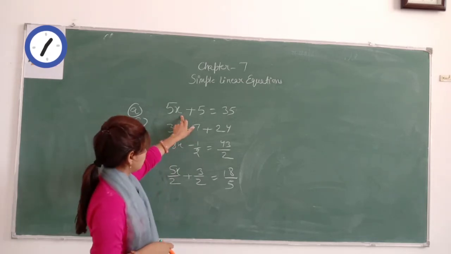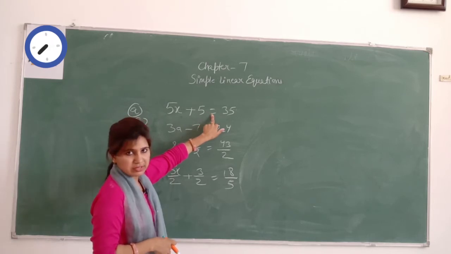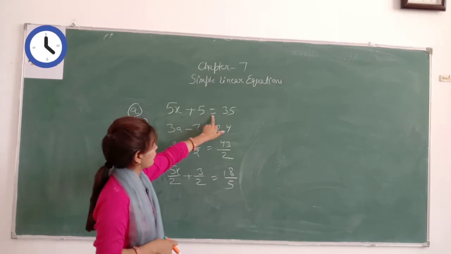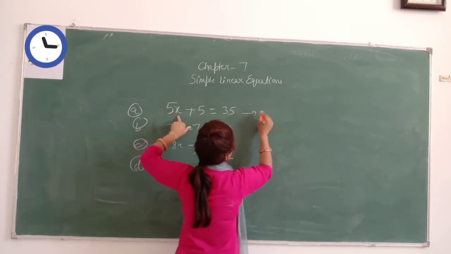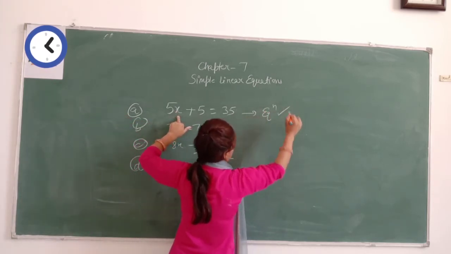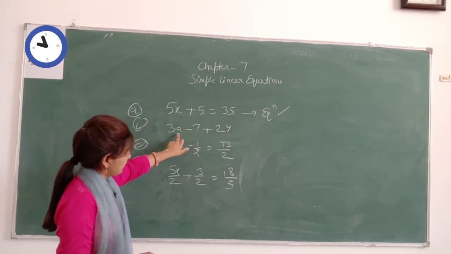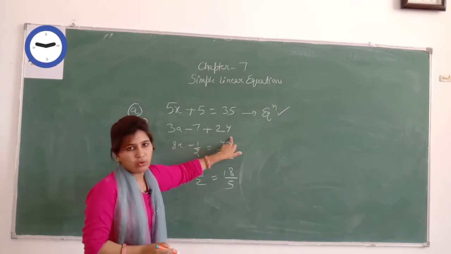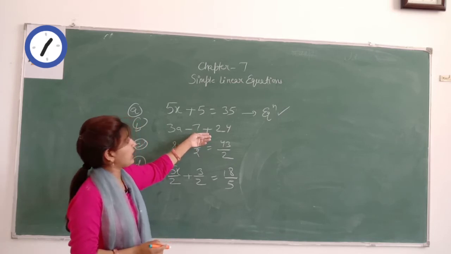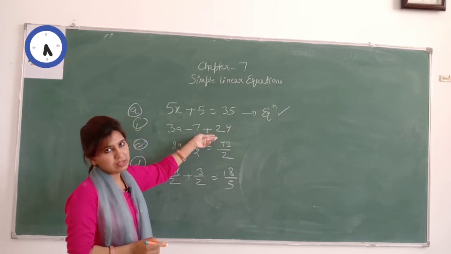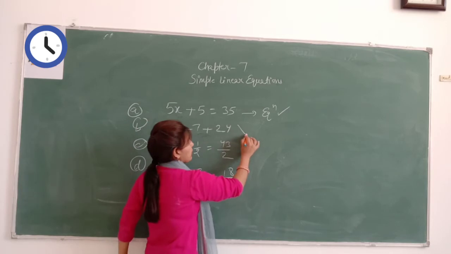See बच्चे, in this you have equal symbol and you have the symbol of equality and x as a variable. It means that it is your equation. Now see बच्चे, here is there any symbol of equality? No. It means that this statement don't have the equality symbol, so you can say this is not your equation.